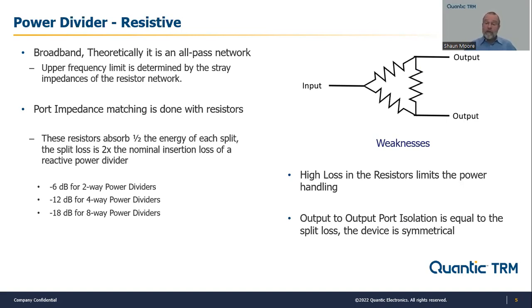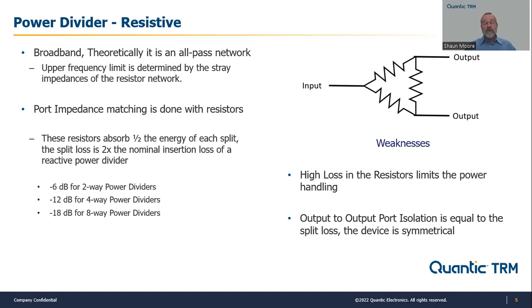From a strength standpoint, this is a very broadband network. It's very easy to build, and it can work pretty well. The weakness of this device is that because there is so much insertion loss in it, for any significant amount of power, we're going to be generating a lot of heat in those resistors. In addition, there is very poor isolation, or essentially no isolation, between the two outputs.